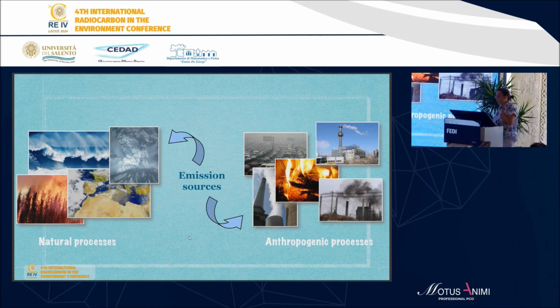But of course, when we speak about particulate matter, the anthropogenic processes are also very important, because it can be emitted, for example, by combustion of fuels, both in factories or in cars. And it is also emitted by very common operations such as switching on or lighting the oven in our houses.